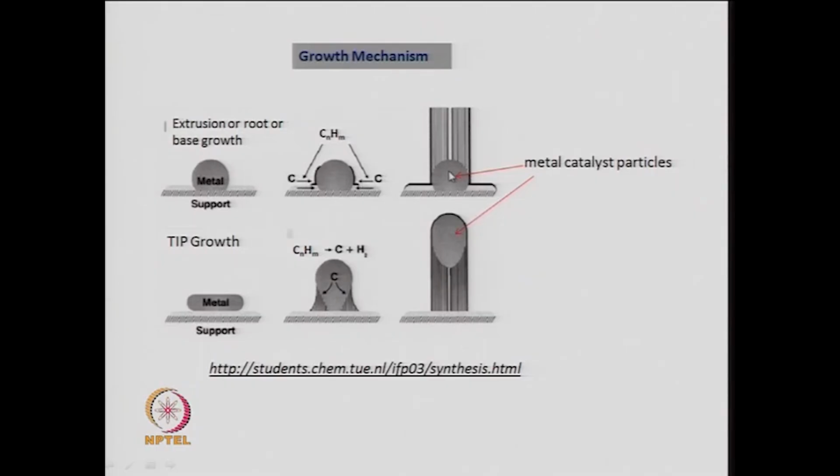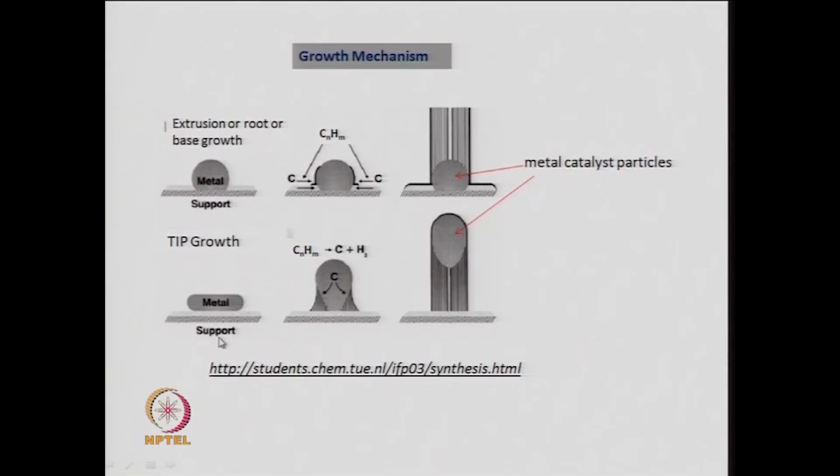So, this is the metal catalyst particle, and the carbon is depositing on the surface, and slowly it will grow along this direction, and then you get the carbon nanotube. This is called the base growth mechanism, because the catalyst remains at the base. The tip growth mechanism is normally shown here.